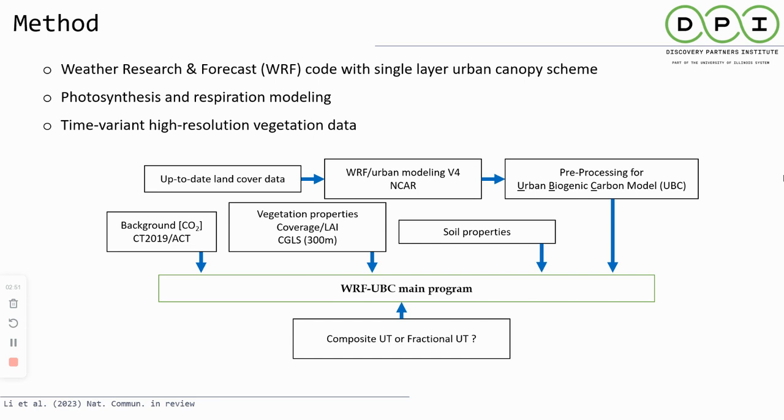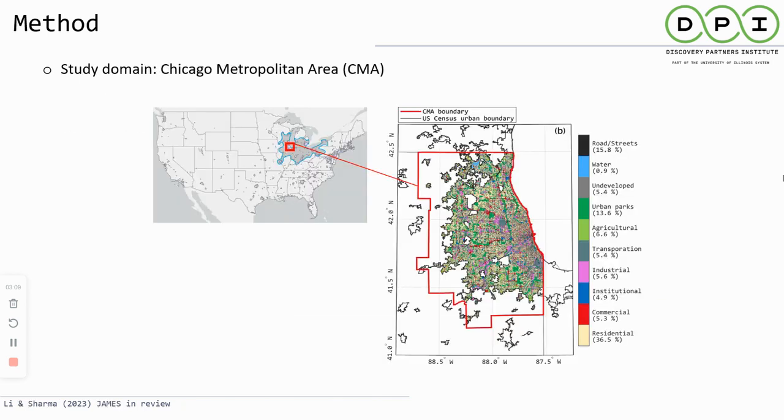Furthermore, for the simulation, in the urban environment we kept the resolution at about 1 kilometer, and then we can choose the composite urban types or fractional urban types to further downscale the result to an even higher resolution.